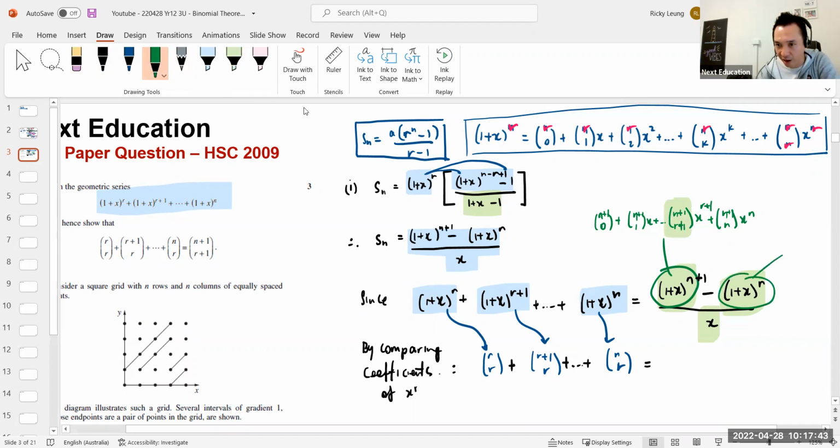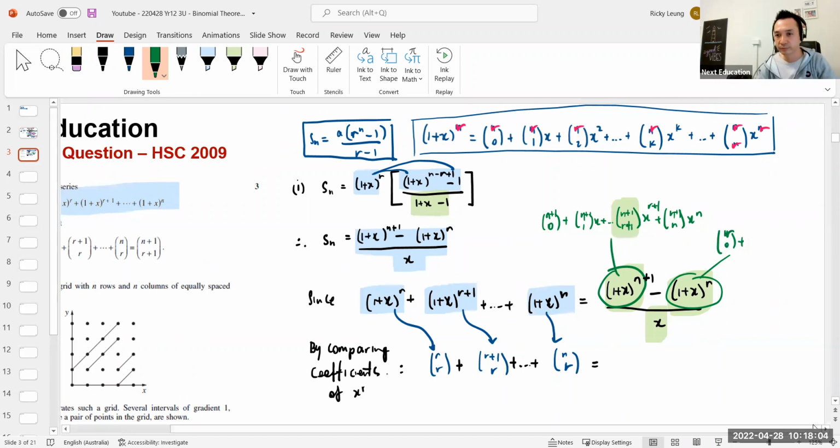Now, for this guy, the highest power it goes to is r, sorry. Let me write that again. The highest power it goes to is x to the power of r, plus dot dot dot plus rCr x^r. It's too small.